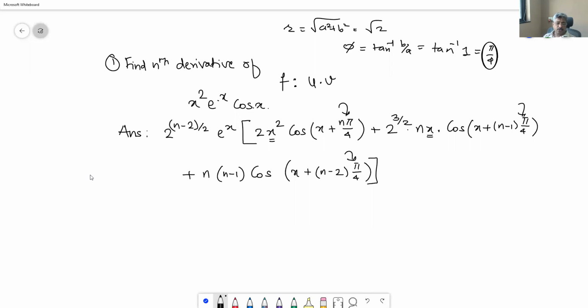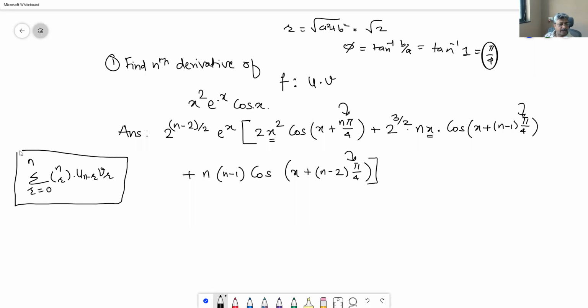So if you use Leibniz formula, sigma r goes from 0 to n, n choose r into u n minus r v r, that is the nth derivative of function f, which is equal to u0 v0.